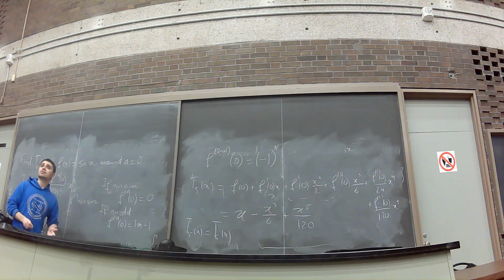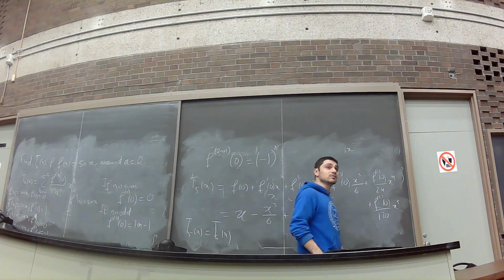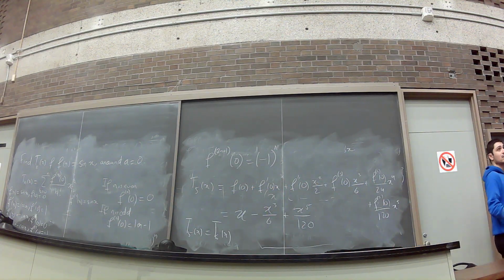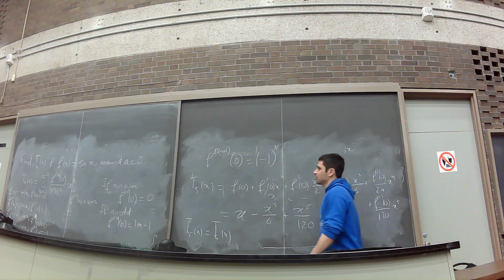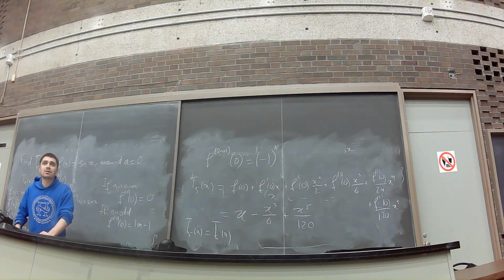Okay, so Tn of x depends on whether n is even or n is odd. Minus x, right? Okay? So really, Tn of x depends on whether n is odd or n is even. Okay?